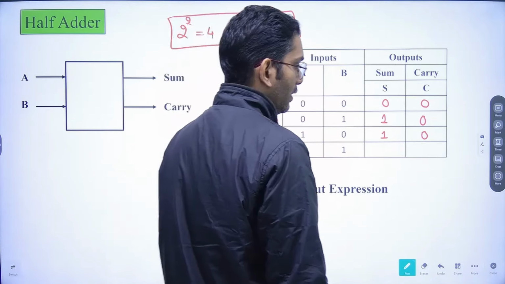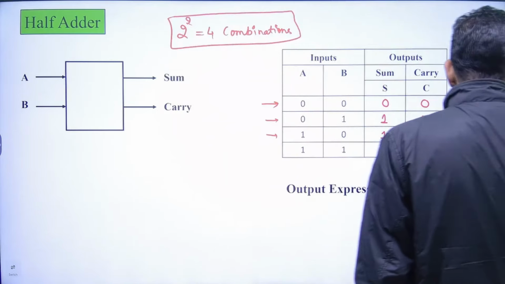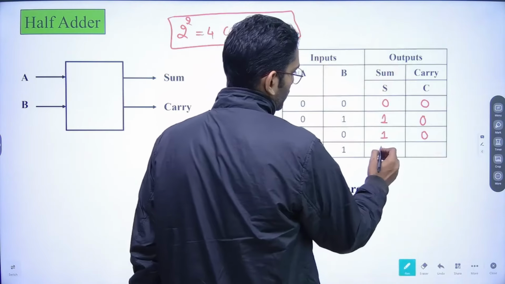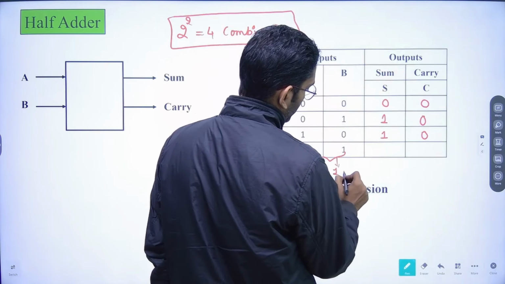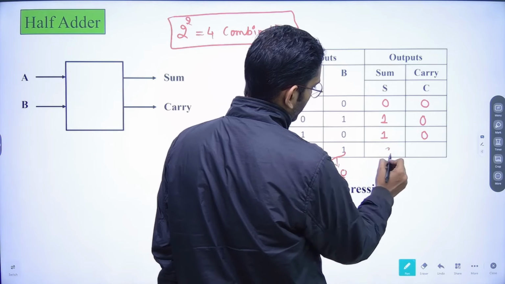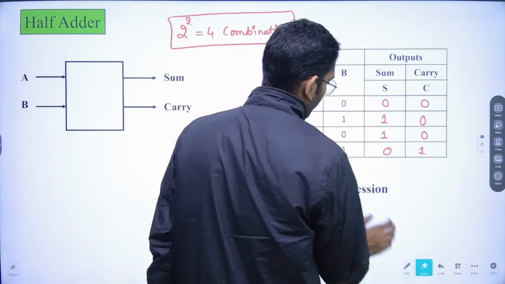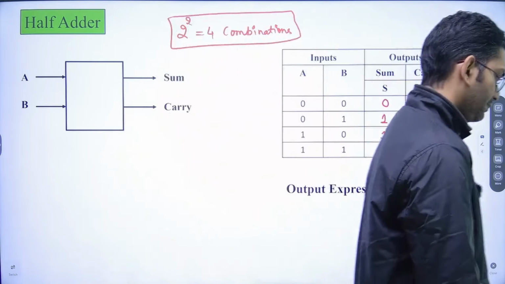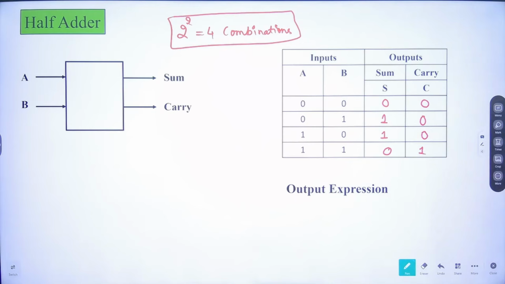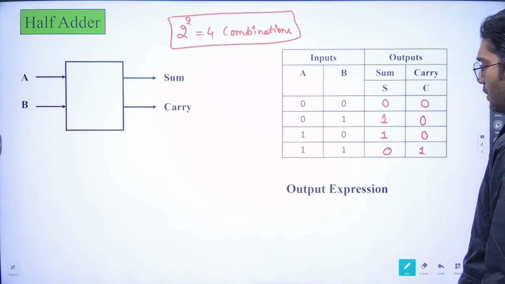And 1 plus 1 would give 1 0, so this would be the sum and this would be the carry part. So this is the final truth table that we are getting in this case.